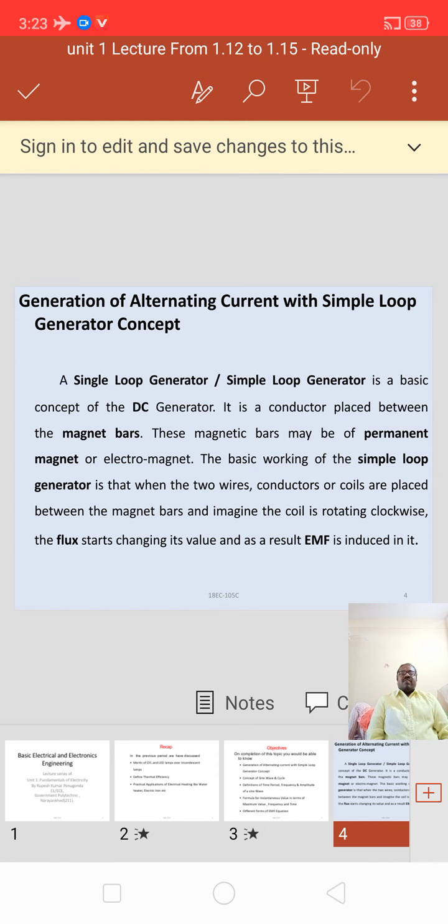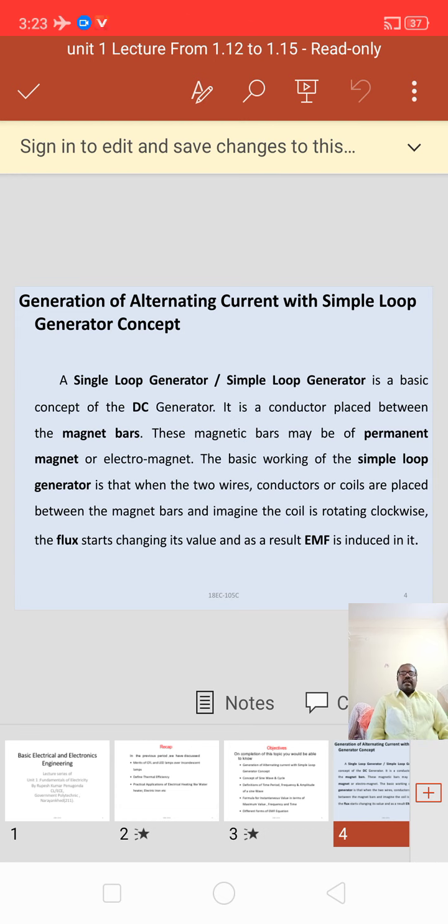The basic working of simple loop generator is when two wires or conductors or coils are placed in between the magnetic bars, the coil rotates in a clockwise direction and the flux starts changing its value from one value to the other and produces an EMF which is induced in it.